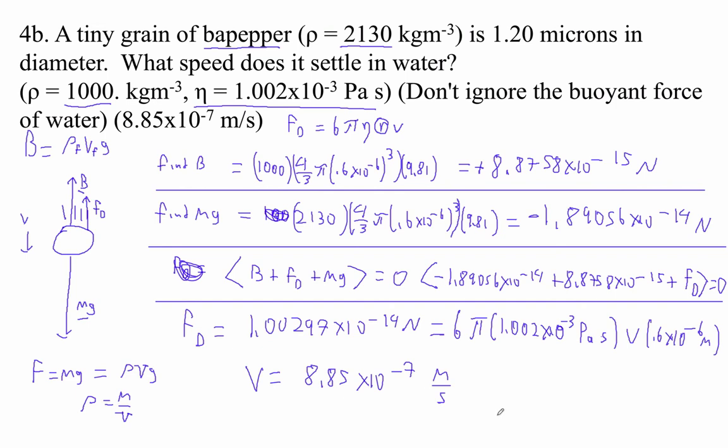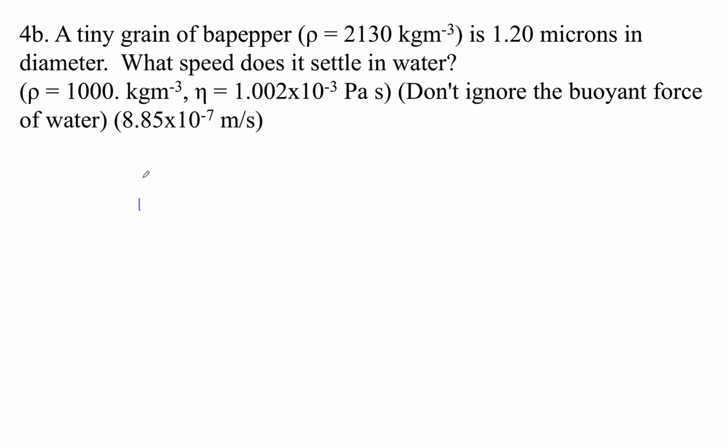Now, obviously, you can figure out the buoyant force. You can find the weight. The difference between the weight and the buoyant force is this force here, right? We can streamline this a little bit, because the difference B minus mg is just rho of the fluid, volume of the fluid, times gravity, minus rho of the object, volume of the object, times g.